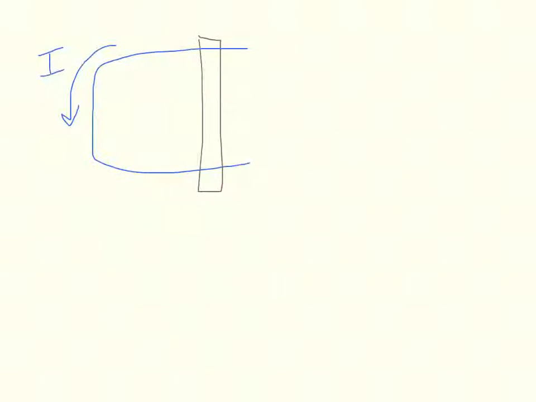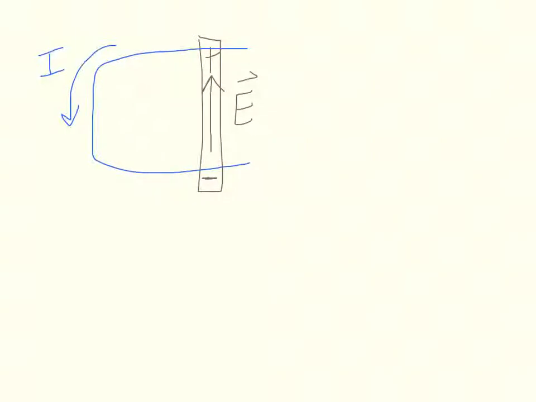This would be like the positive terminal of a battery. This would be like the negative terminal, so that the conventional current flows from the positive and into the negative. And so we actually have an electric field that points like that inside of this conductor.